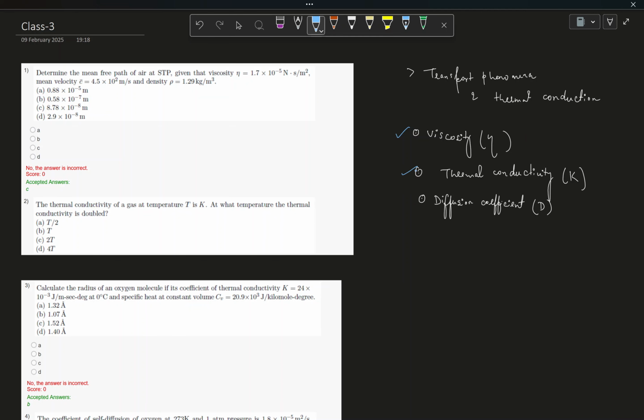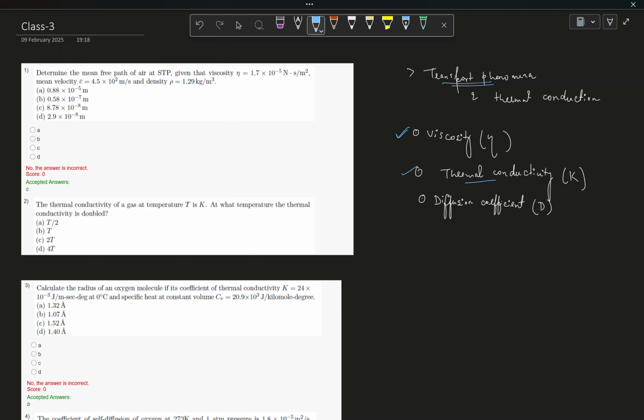And then there is this thermal conductivity. As from the name itself you can see, this is linked to the transfer of thermal energy. In this topic we are concerned with transport phenomena, right? Some kind of transport is going on, like in viscosity the momentum is getting transported. Thermal conductivity is thermal energy transfer, and this happens because of the temperature gradient.